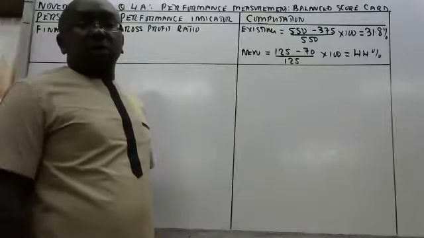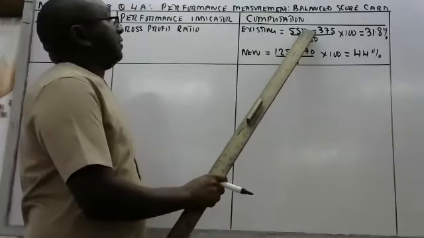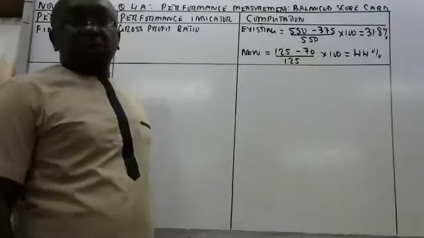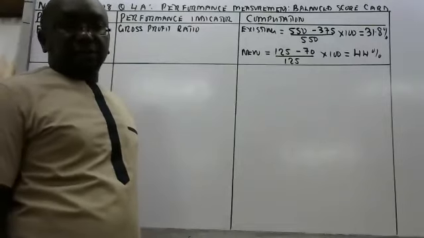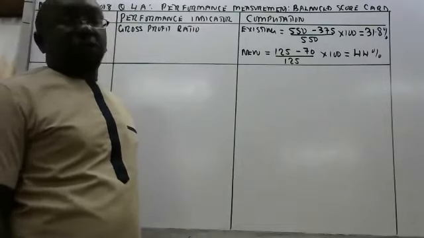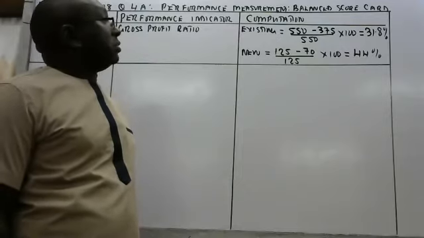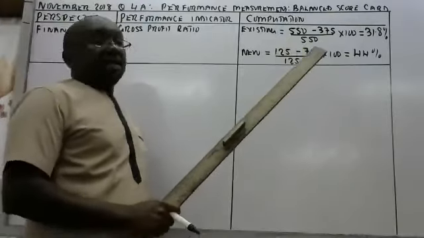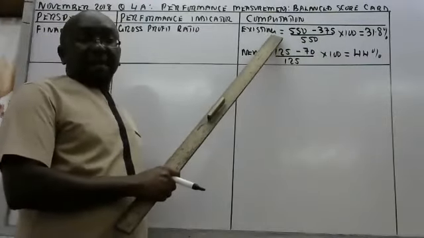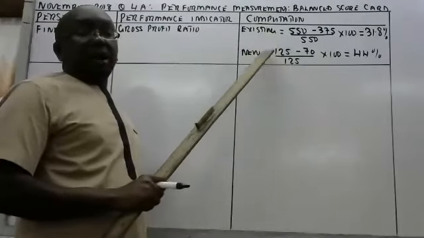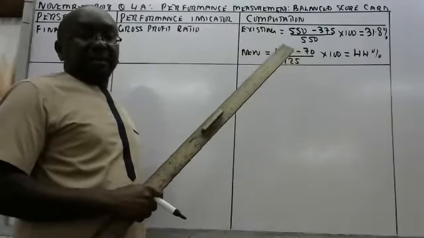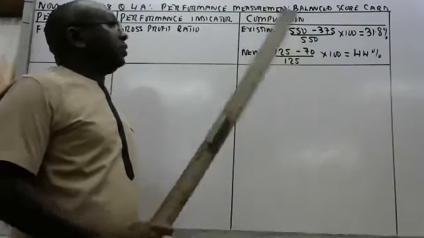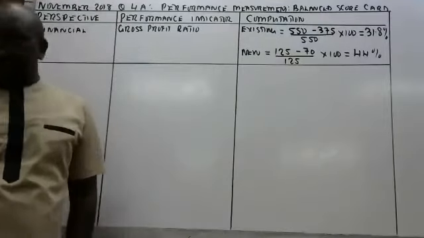The reason we could not use just the profit, as in 550 minus 375 and 125 minus 70, is because those will be absolute values, and absolute values are not good for comparison. If you did that, you would find that the existing has far higher profit than this one, which could make you conclude that existing is doing better, which is not the truth. The truth is that this one is doing much better.